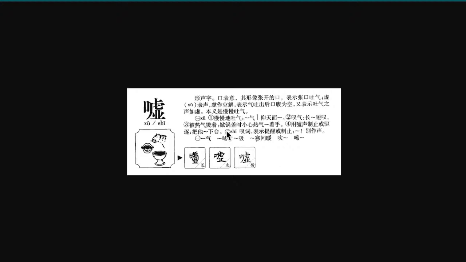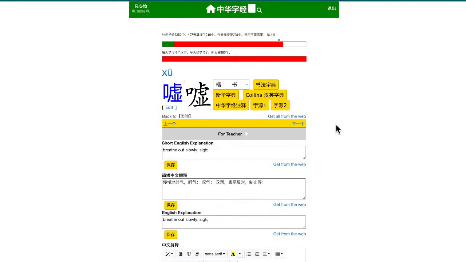When you breathe in, you fill your lungs with air, right? When you breathe out, you empty out your lungs. That makes your lungs empty. 虚 basically means empty. So that's why 嘘.